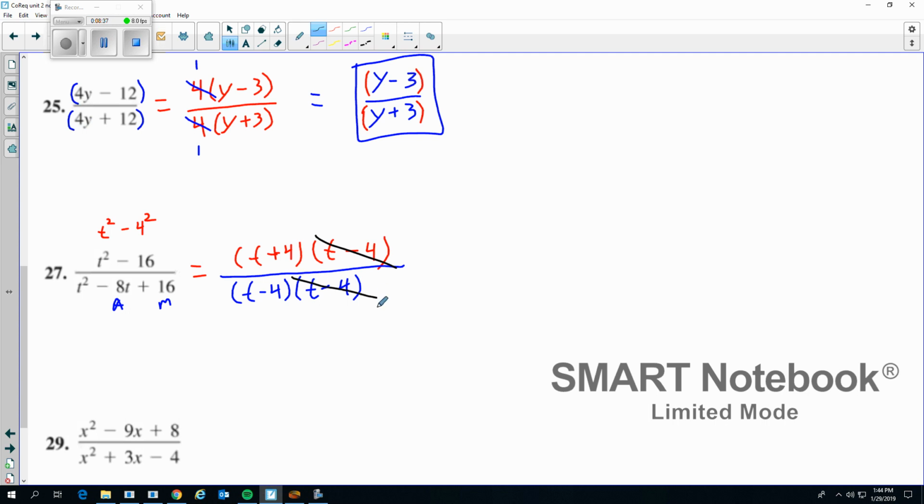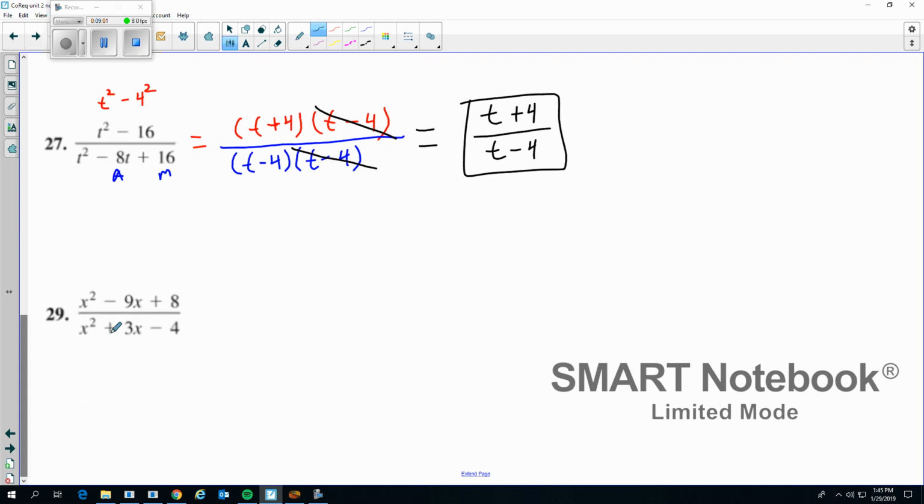It doesn't make a difference. So we'll cancel out here. And what we're left with on top is a t plus 4. And then on bottom, you have a t minus 4. And once again, you can add those extra parentheses if you're worried that you're going to start doing something you shouldn't. But anyways, up to you.